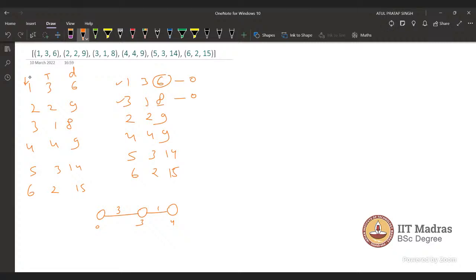Next we will add 2 and it completes at 6, and 6 is less than 9, so it is also 0. Same for the next. So 6 plus 4 is 10, and the deadline for this is 9, so the lateness is 1 because the deadline is 9 and we are completing at 10.